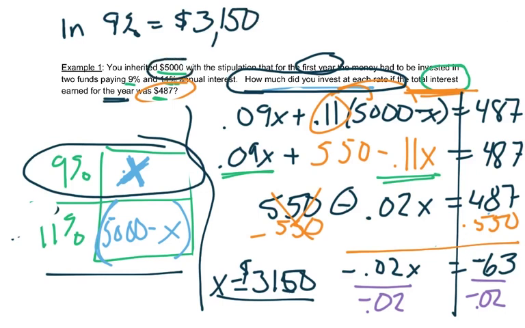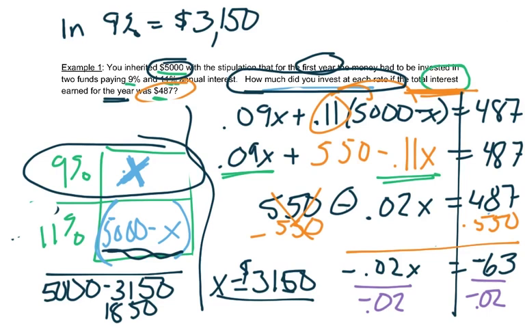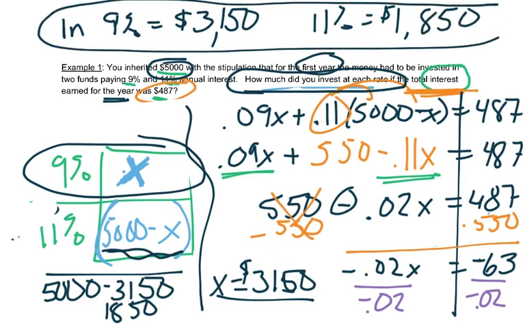Well, I had 5,000 total to start with, and that's what this said right here. So if I take 5,000 and I subtract the 3,150 that I put into the 9% account, I'm left with 1,850 for the 11% account. So the 11% account had 1,850. And those are my answers. Let's look at another problem.